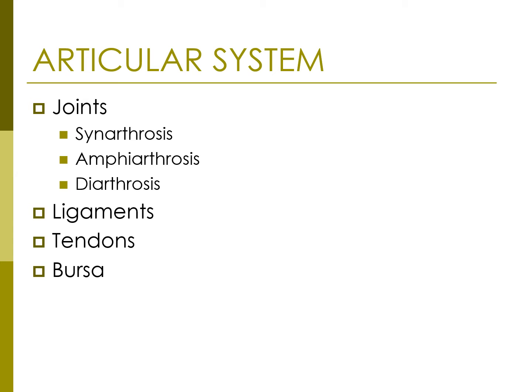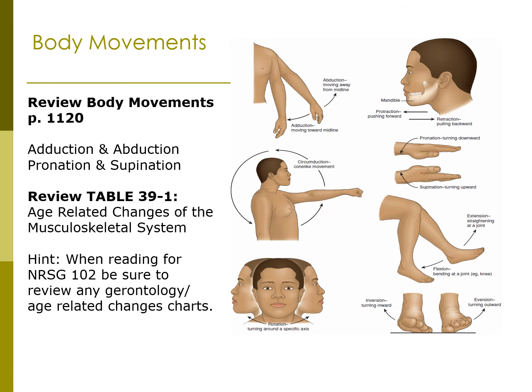As you are reviewing what you learned in anatomy and physiology, be sure that you include looking up ligaments, tendons, and bursa so you are familiar with these terms. You can review body movements on page 1120.